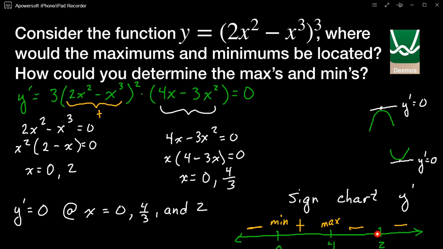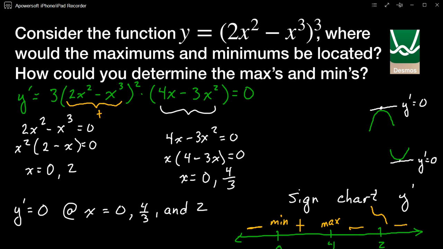And then right here, your slope is negative and then negative again. Since your derivative is not changing signs, you will not have a maximum or a minimum. Graphically, your graph kind of looks like a cubic graph, where you have a negative slope, then a horizontal tangent, so the slope is 0, and then it's decreasing again. So you're not going to have a maximum or a minimum at this point.